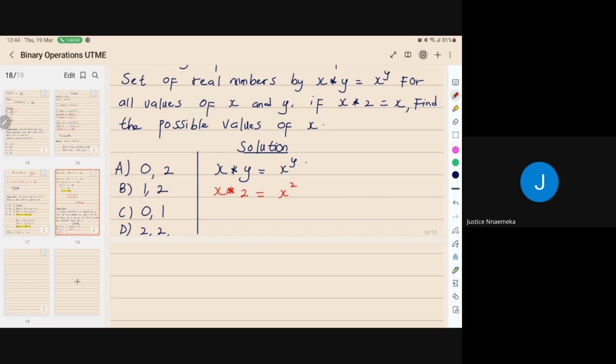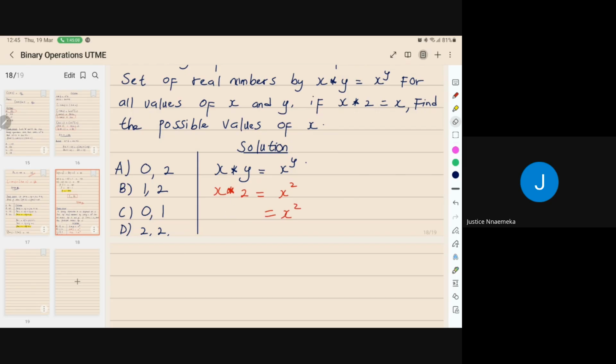Now, what are we expected to do now? We have that we're looking for the possible values of x, is equal to x squared. Isn't it? x squared. Now, what can be done? Then find the possible values of x. Sorry, not 2 times x. What am I saying?